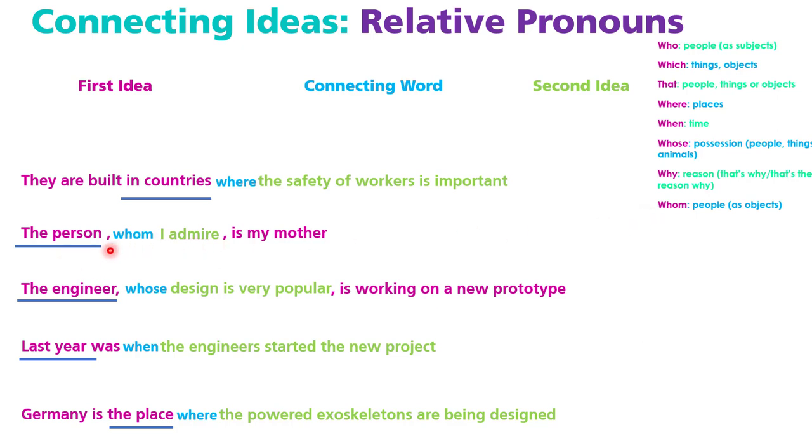And when you use commas, it's not possible to use that. But when you are not using commas, you can use, for example, that similar to which or that similar to who. Okay, and finally, to conclude, guys, I'm going to show you some other examples of sentences with two ideas using important information.